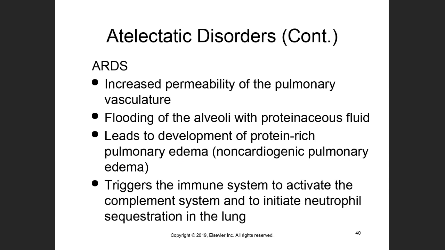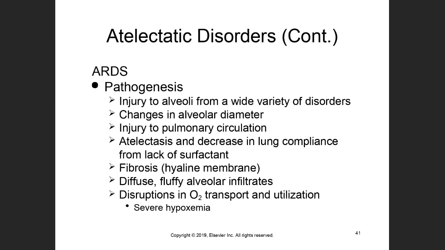Increased permeability of the pulmonary vasculature causes flooding of the alveolar wall with proteinaceous fluid. I'm going to explain. Here you have the blood vessel, and this is the alveolar sac. What happens in ARDS? For some reason, remember those patients have shock, trauma, sepsis, or another condition, you start secreting substances and they accumulate right here.